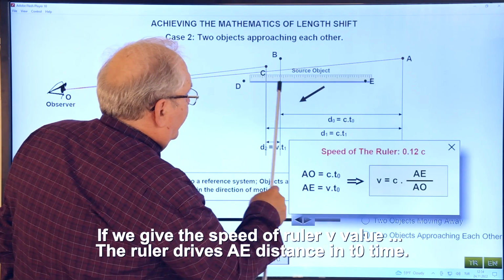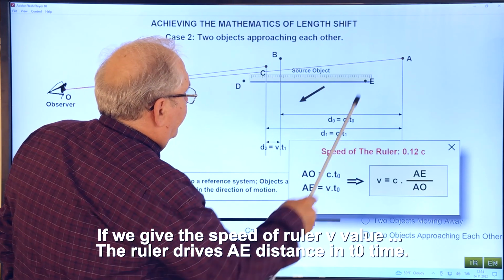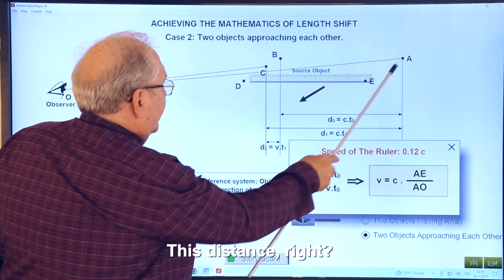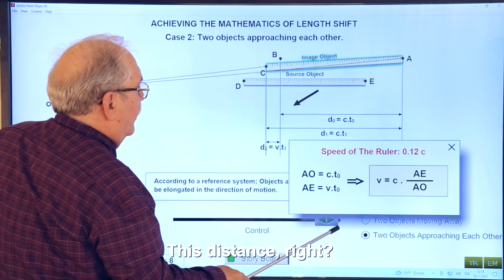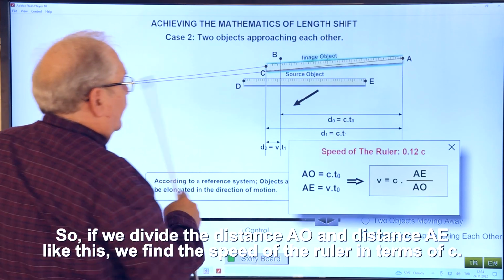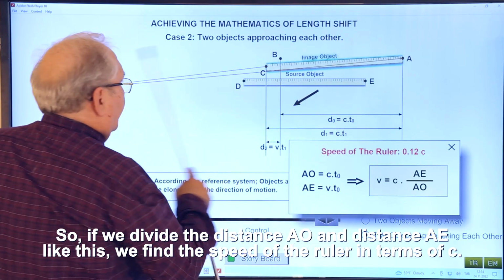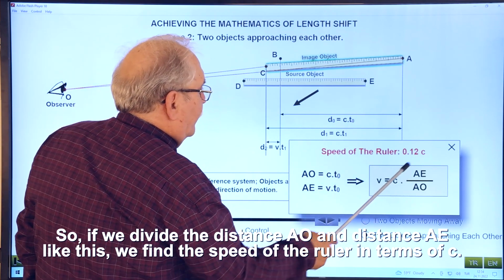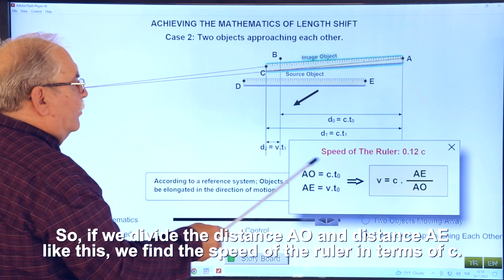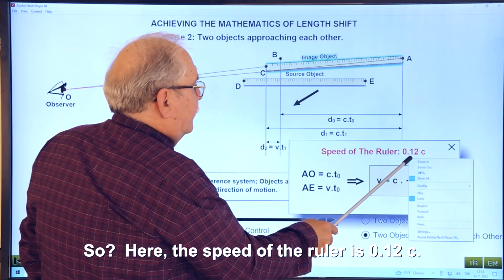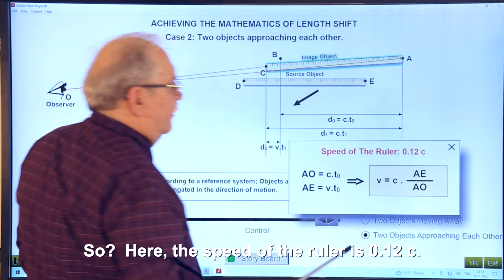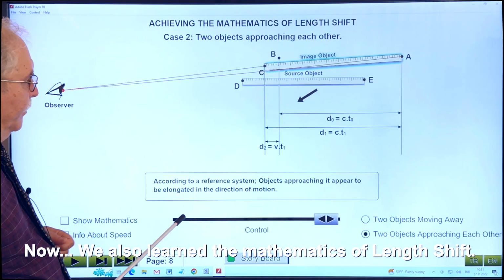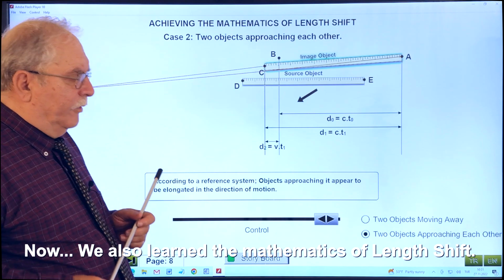If we give the speed of the ruler v value, the ruler drives AE distance in t0 time. This distance, right? So, if we divide the distance AO and distance AE like this, we find the speed of the ruler in terms of c. So, here, the speed of the ruler is 0.12 c. Now, we also learned the mathematics of length shift.